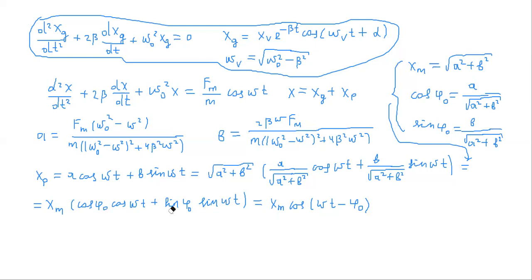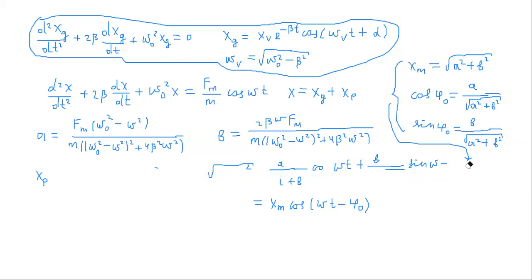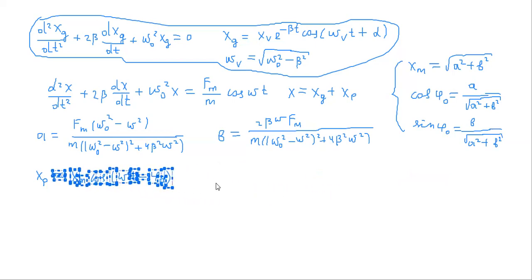Okay, so I will clean some unnecessary information from the screen, and the last step is to find some explicit formula for xm and phi 0.